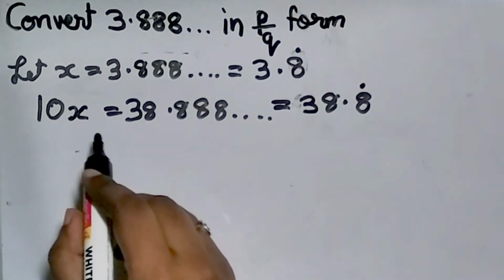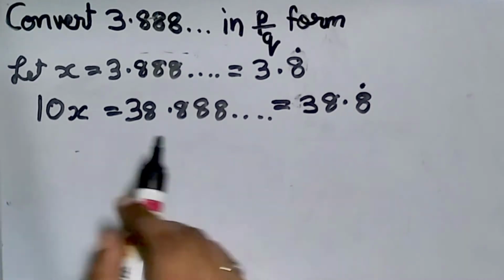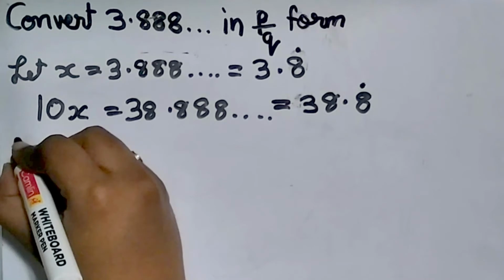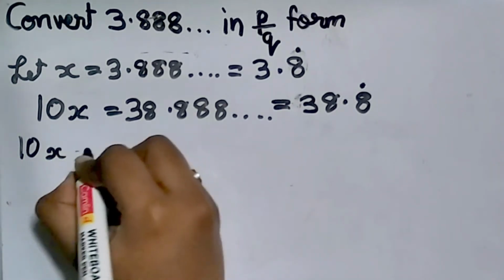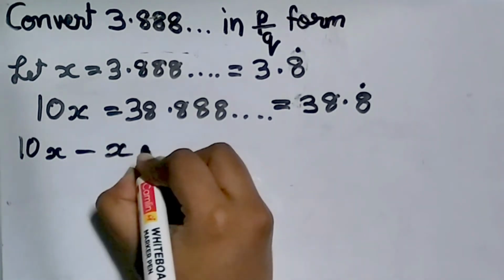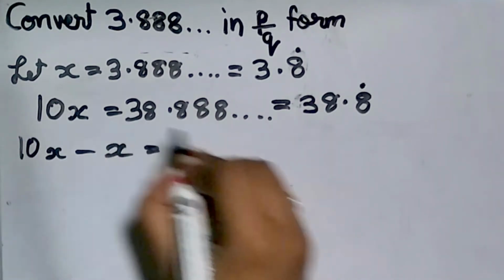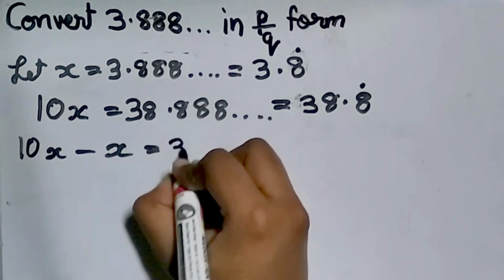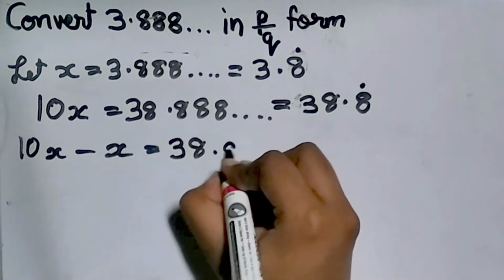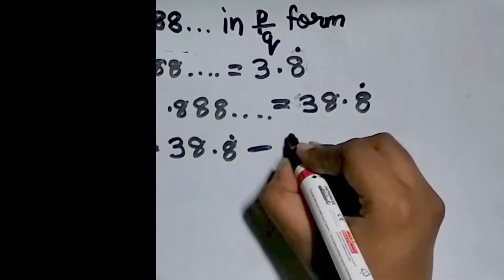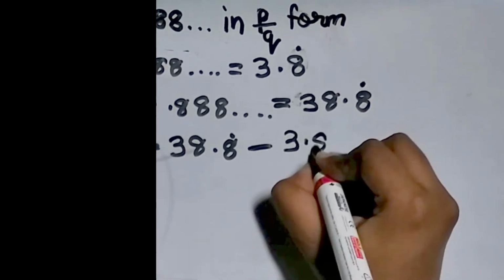Now in the next step what we will do? We will subtract this x from 10x. That is, we will write 10x minus x. This x we are subtracting from 10x. Now what is 10x? 38 point recurring 8 minus, what is x here? 3 point recurring 8.